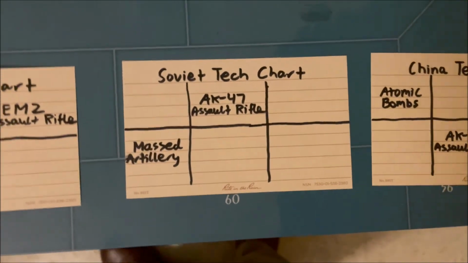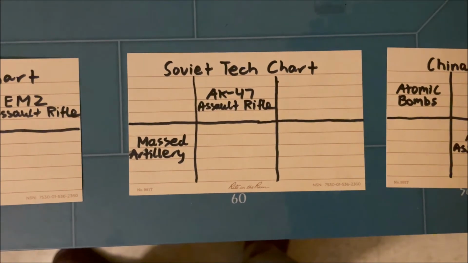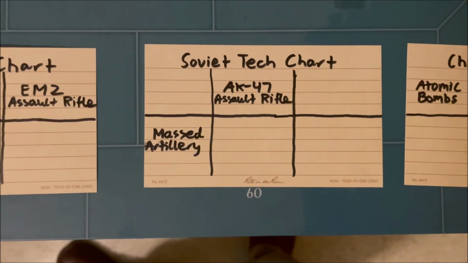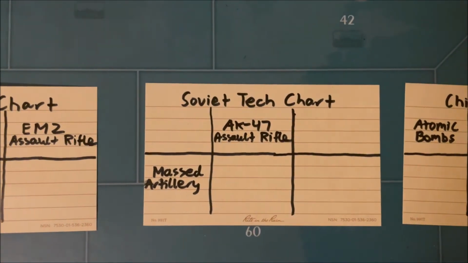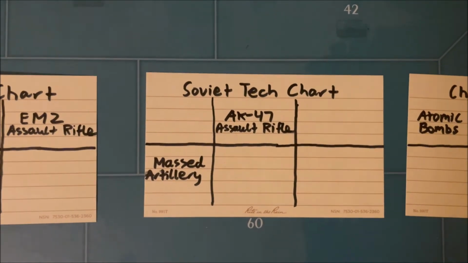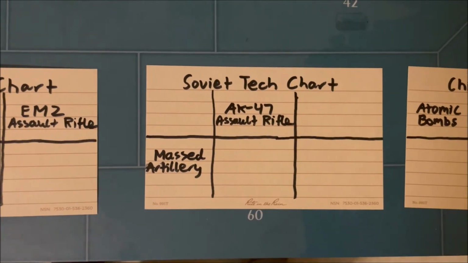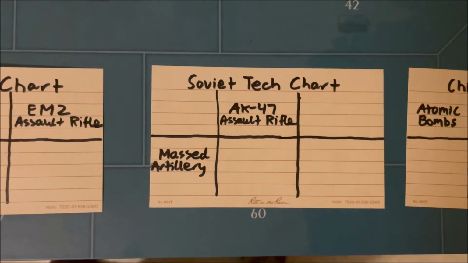Next, we have the Soviet Union, starting off with the AK-47. The rules are exactly the same as for the EM-2. Soviet infantry hit on a 2 or less, and if they are supported by artillery, they get to roll 2 dice and pick the best result. And then the next one is massed artillery.